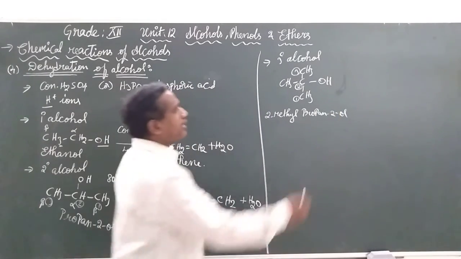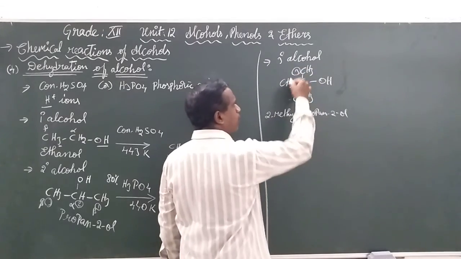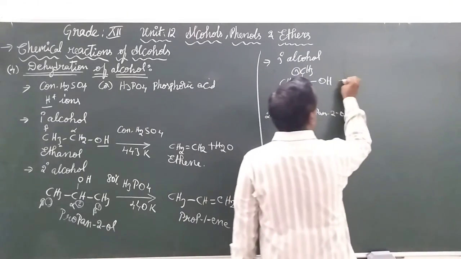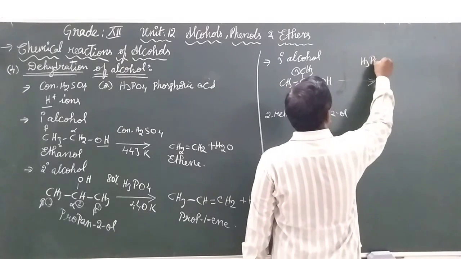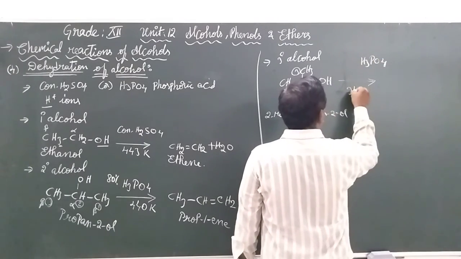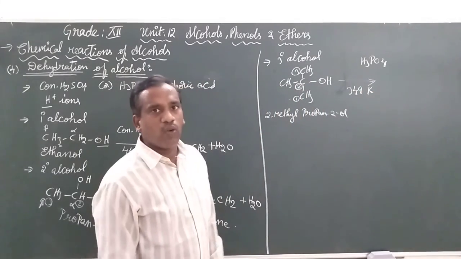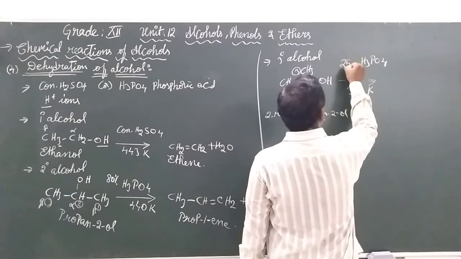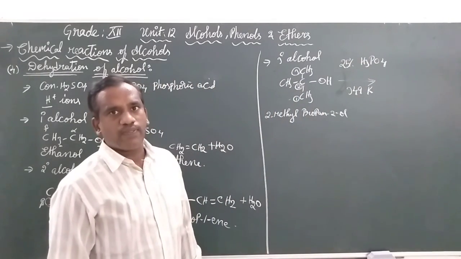Here the OH bonded carbon has 3 alkyl groups and it is a tertiary alcohol. In the case of tertiary alcohol, we are using the same phosphoric acid but at a much lower temperature than expected, only 349 Kelvin. Here the phosphoric acid percentage is also very low.